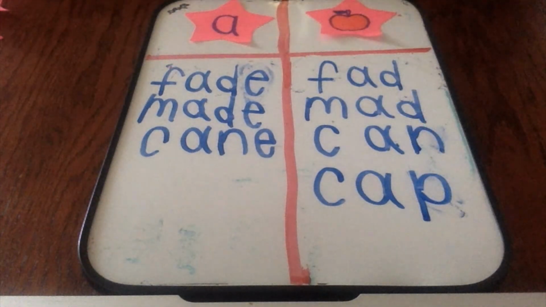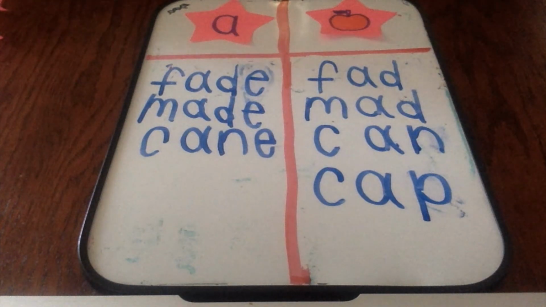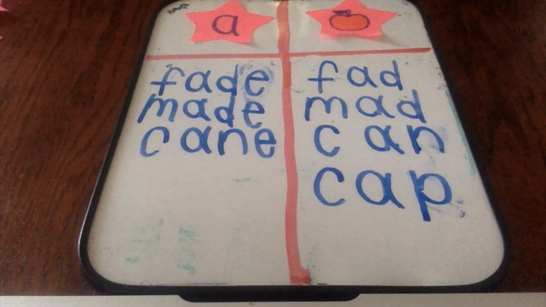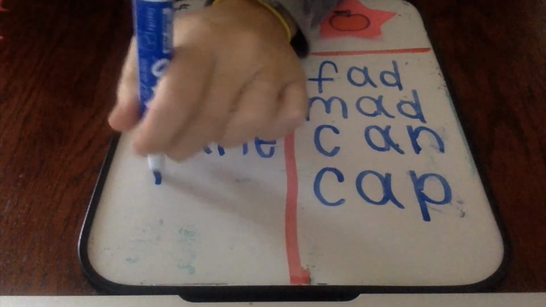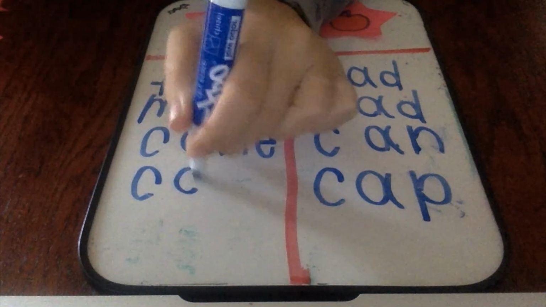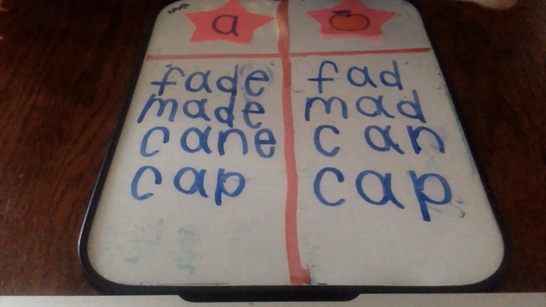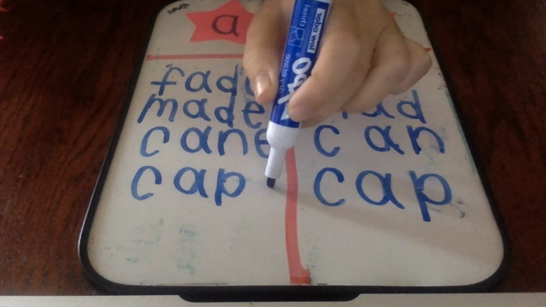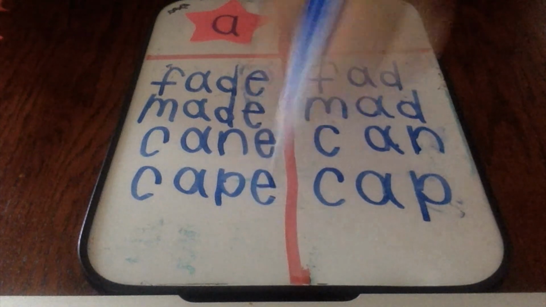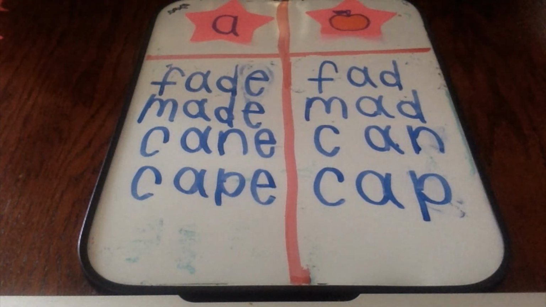What about the word cape? Cape. The word cape will have to go on this side because we hear that long A sound. The A is saying its name. So we know that the silent E will go at the end and it'll say cape. Good job.